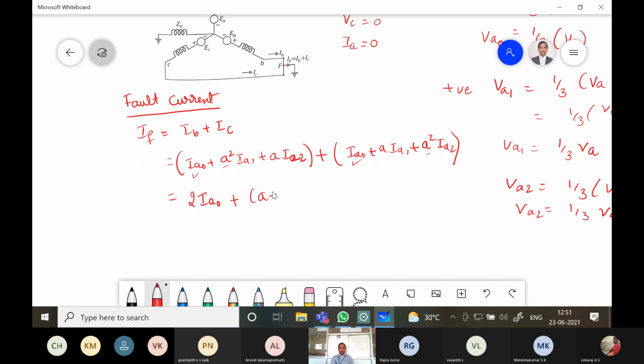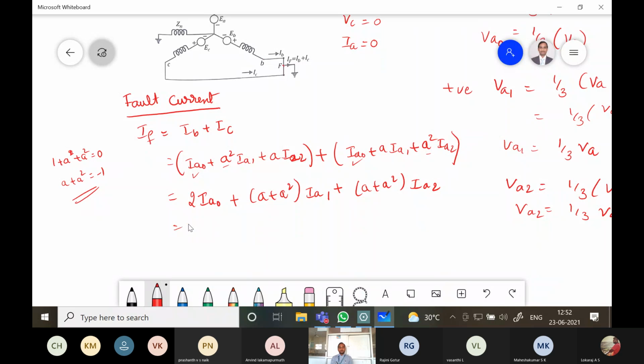So we'll take A plus A square into IA1, similarly A plus A square into IA2. Right? So we can write it as 1 plus A plus A square is equal to 0, right? So therefore A plus A square is equal to minus 1. Okay, substitute here A plus A square is equal to minus 1.